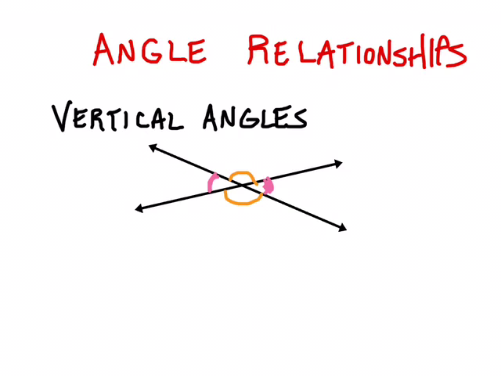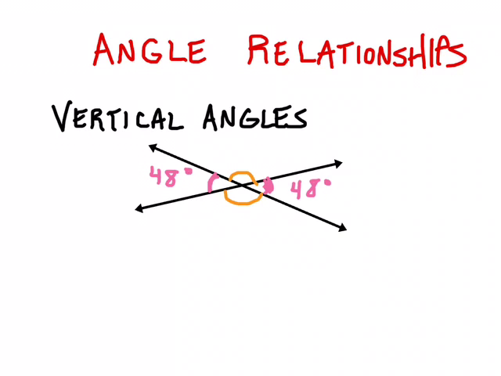The reason I care about vertical angles is because they've got the interesting quality of always being equal. So for example, if I know that this one pink angle over here has a measurement of 48 degrees, I know as well that the angle opposite it, its vertical angle, also has a measurement of 48 degrees.